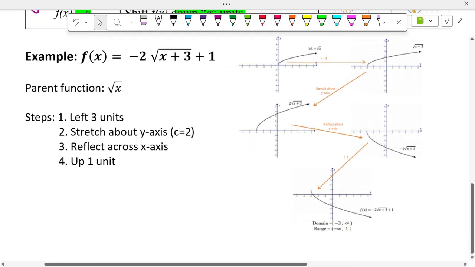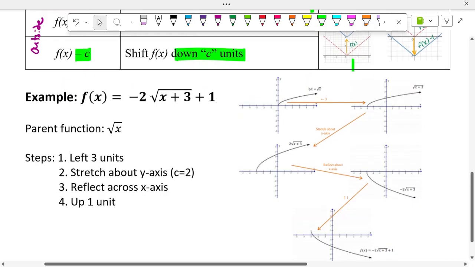So, let's actually do this in practice. This example at the bottom shows you what something with the designated function brackets would look like. First off, they said the parent function is square root of x.